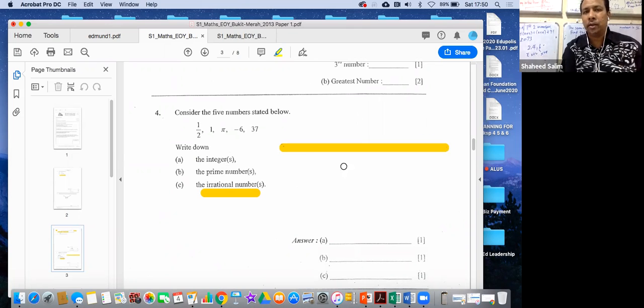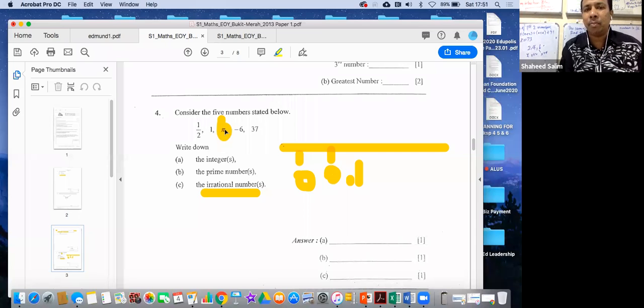Let's say now this one is 0, and this one is 0.1. So 0.4 I can show on the number line, but pi I cannot show. Pi is 3.142 and so on, so I do not know exactly where to show it.